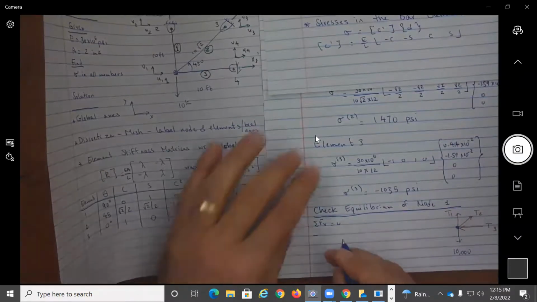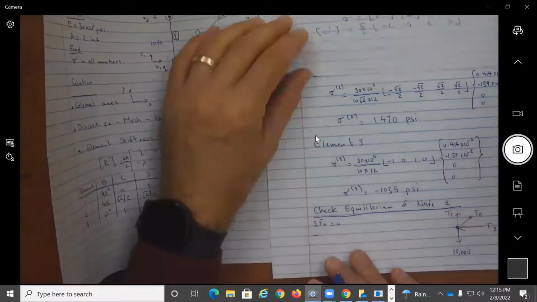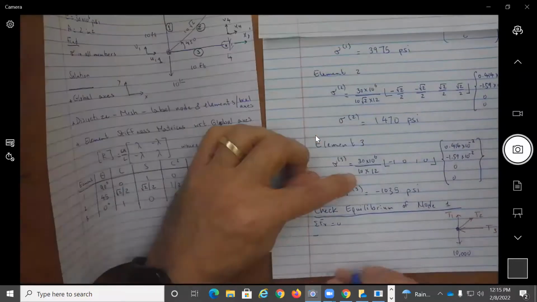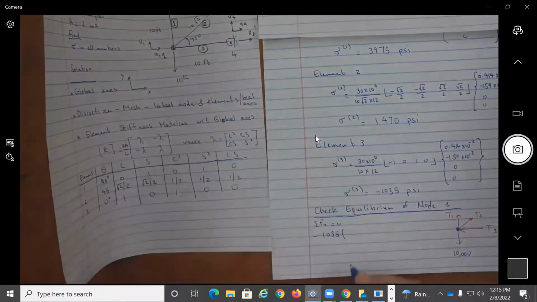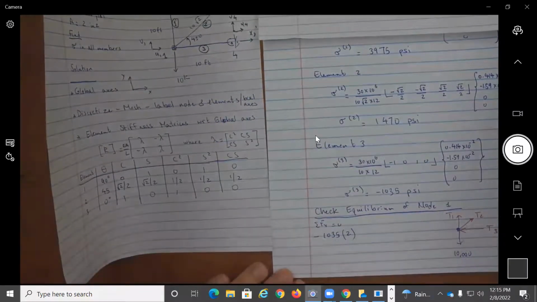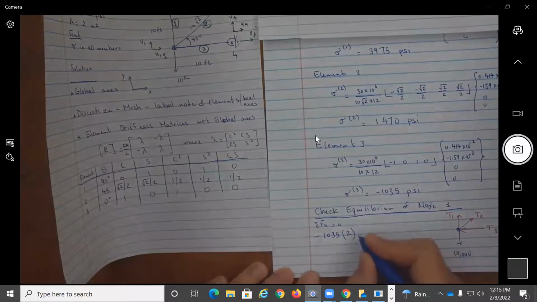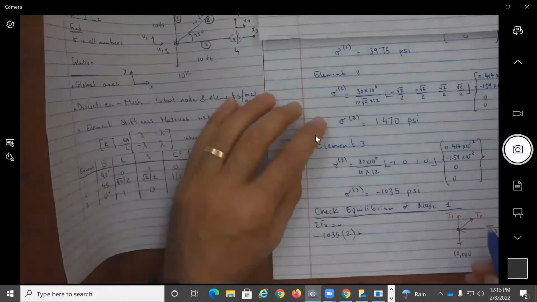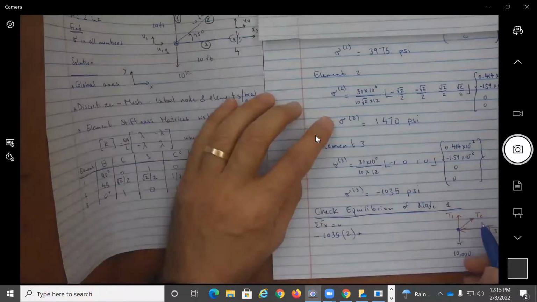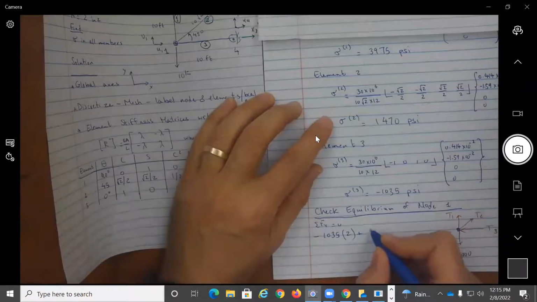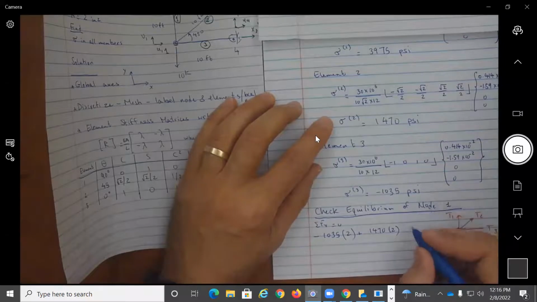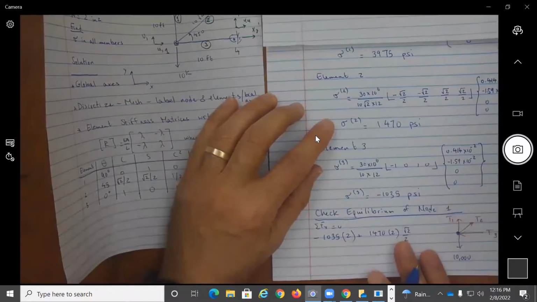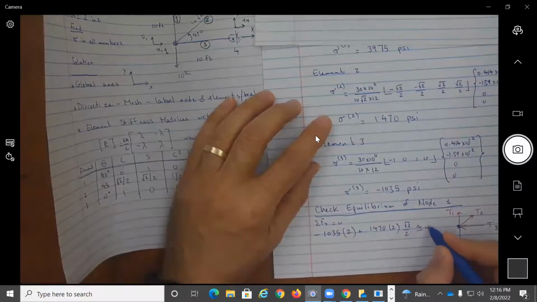So I have minus, and I have here for T3, we have this 1035 multiplied by the area, which is 2 square inch, plus I have the T2 component. So I have the 1470 times 2 multiplied by the square root of 2 over 2. When you add these two, you almost get a 0.